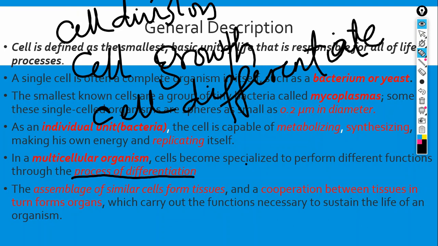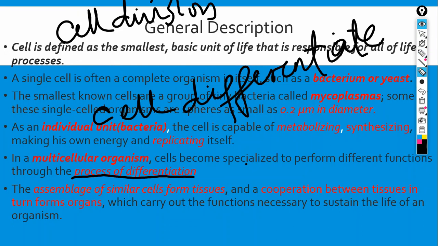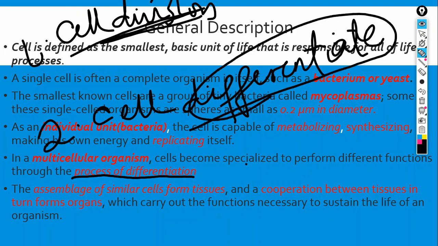Having differentiated, then it can divide again. No, no, no. In fact, this comes first. So the cell first divides, then it differentiates. So it is after dividing that it can differentiate. Differentiation is the cell becoming specialized in its function.